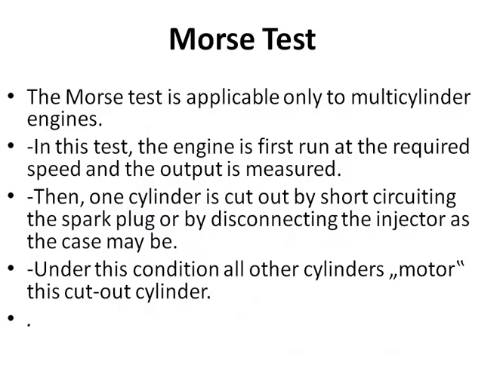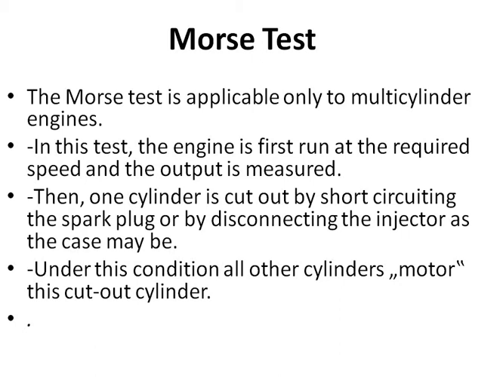Next is the Morse test. This is only applicable to a multi-cylinder engine. In this test, the engine is first run at the required speed and the output is measured with all the cylinders working. Consider there is a 4 cylinder engine. Therefore, we get the output of the 4 cylinders during the initial condition. Then we cut off one of the cylinders.